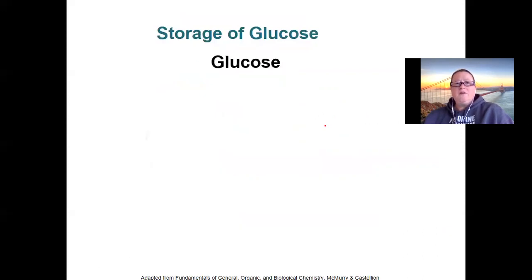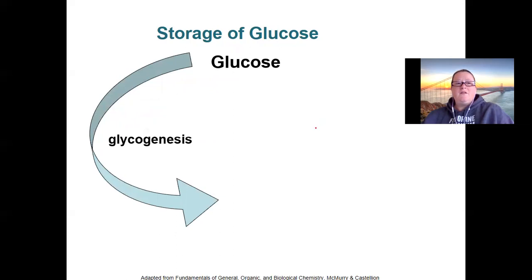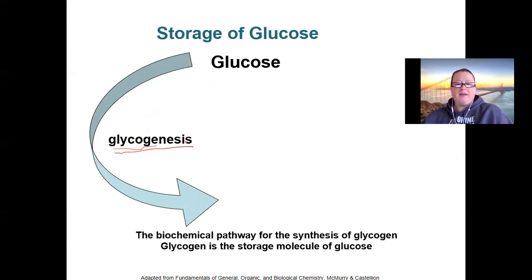Now, if we are going to store our glucose, we need to turn it into glycogen, and that is called glycogenesis. Glyco refers to glycogen, genesis is to make. So the storage of glucose is called glycogenesis, the creation of new glycogen.